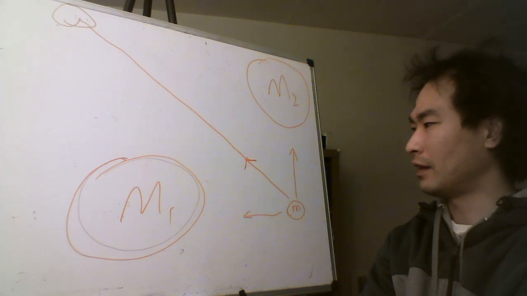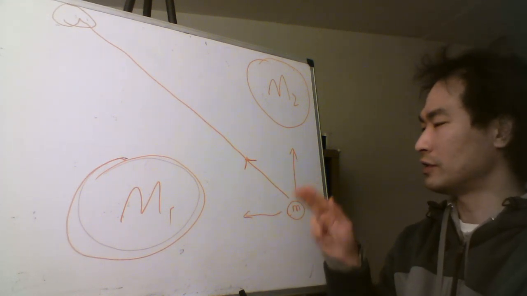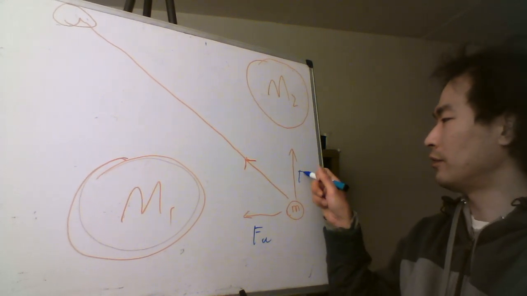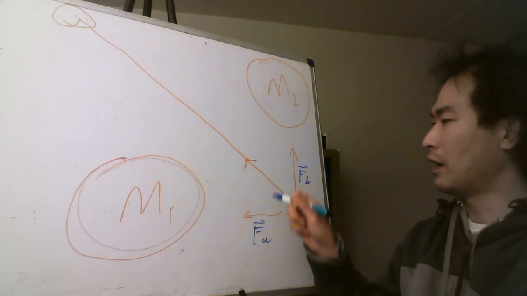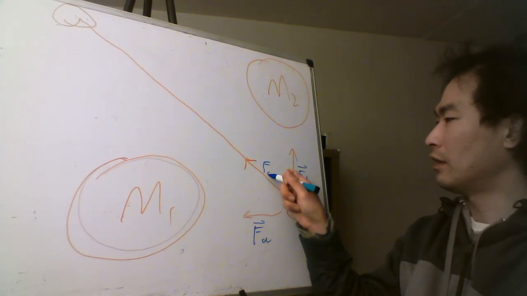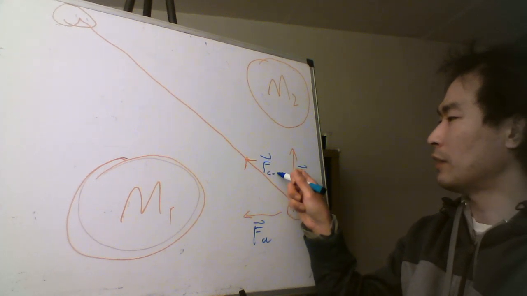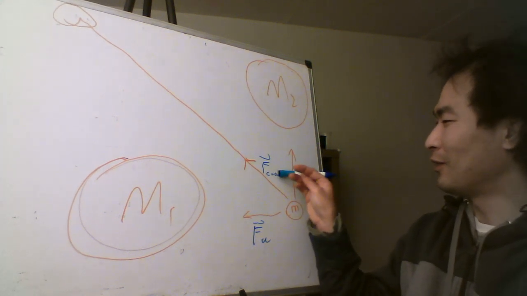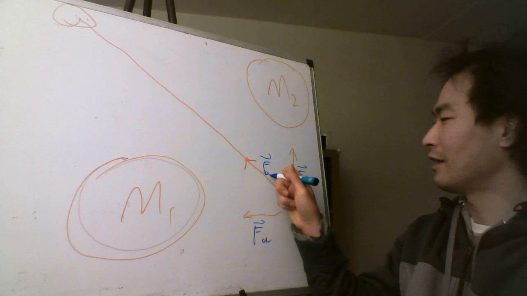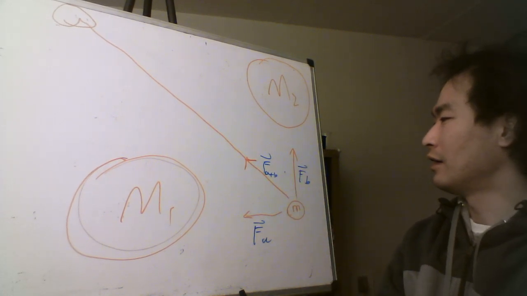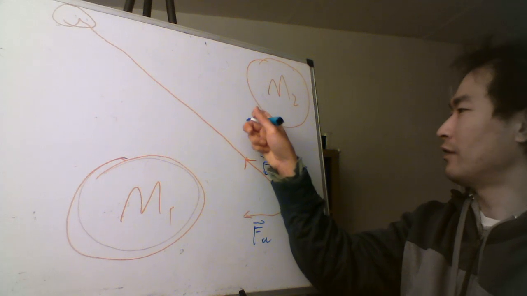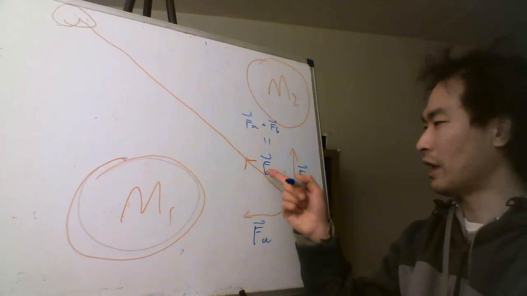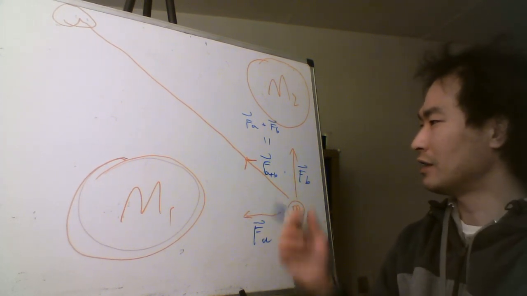It's a vector summation of two different forces, FA and FB. FC is equal to A plus B. We call this F of A plus B, which is equal to FA plus FB. Yeah, it is vector summation.